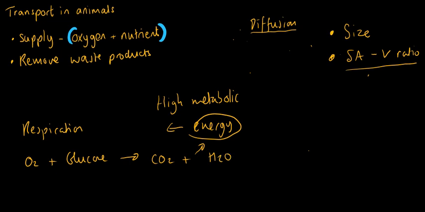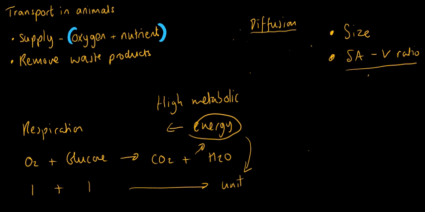So very simply, if my metabolic requirement is 1 unit of energy, although it's not as simple as this, that would perhaps require 1 unit of oxygen and 1 unit of glucose to release that 1 unit of energy.